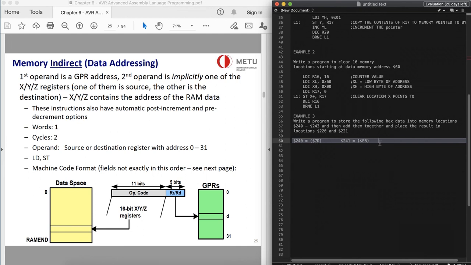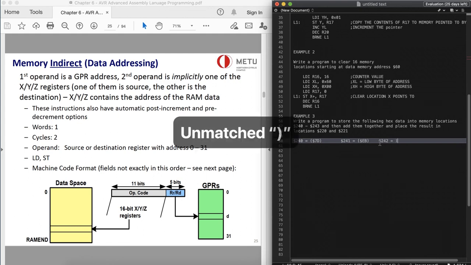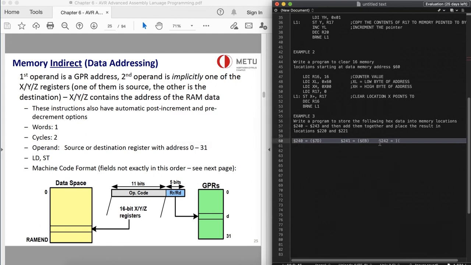Then 242 is C5, and 243 is equivalent to 5B. So these are the data that's stored over there.